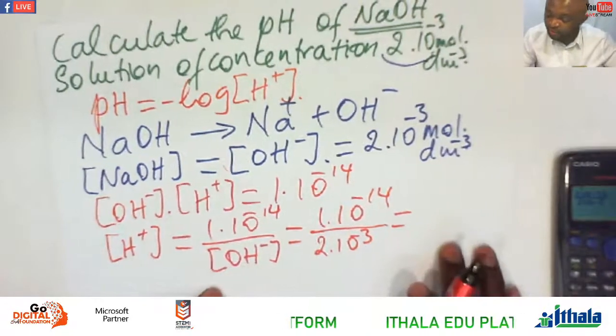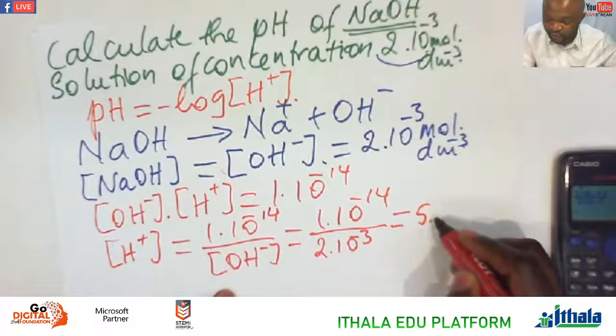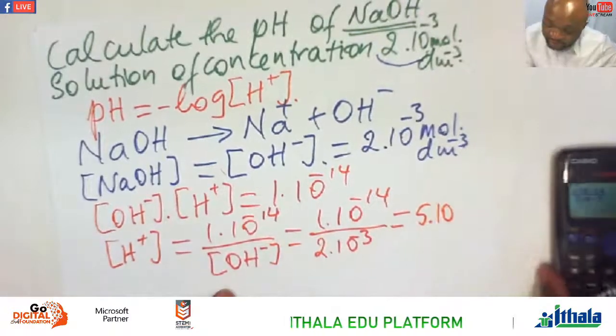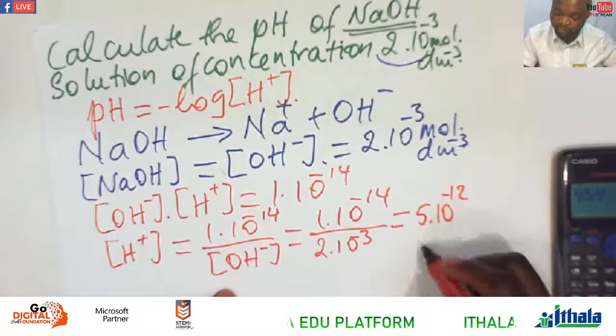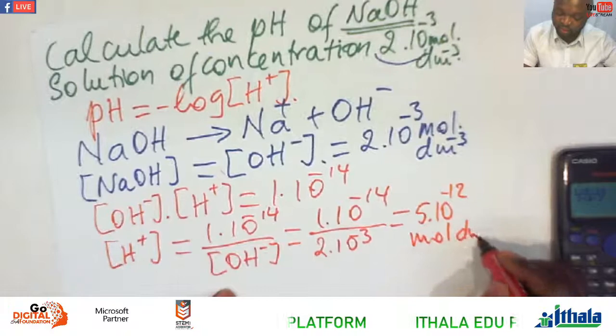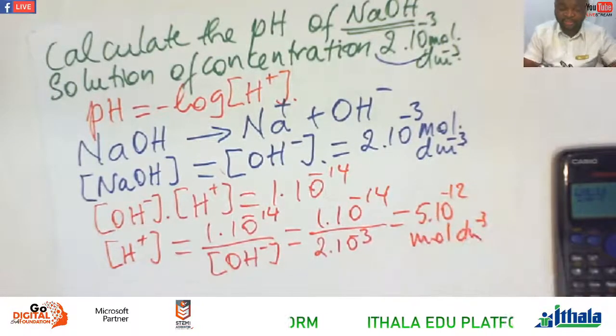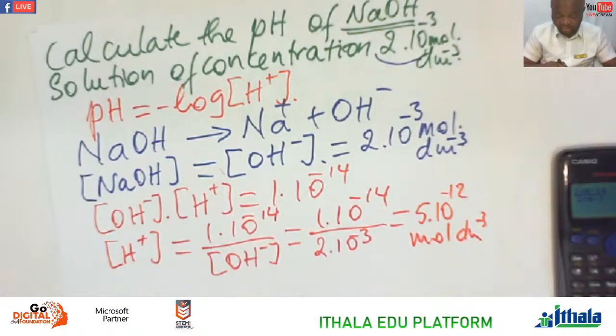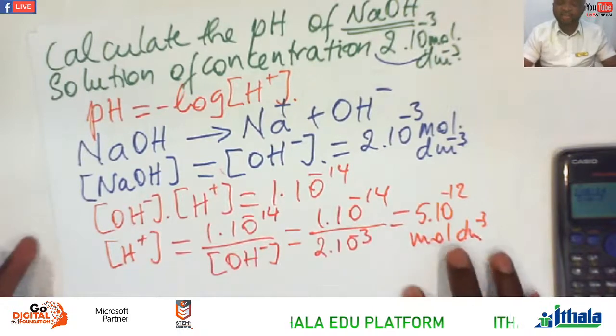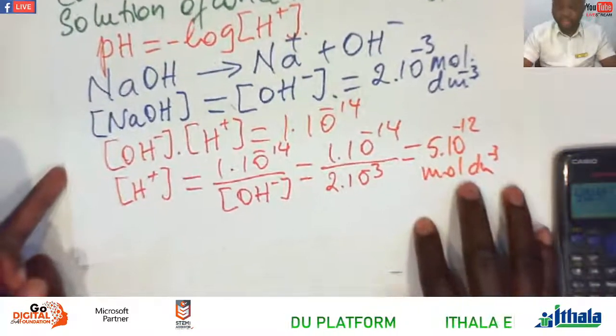Right, that is 5 times 10 to the power negative 12 mole per decimeter cube. Now this one is the concentration of H plus, and we use that concentration to calculate the pH, right?